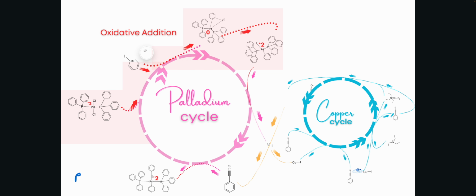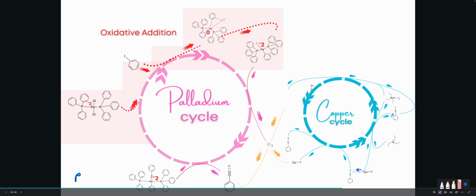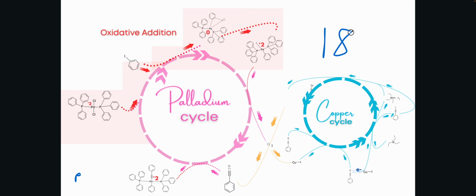Look here, we've got benzene iodide joining the cycle as a reactant, and it's going to have to react with a super stable and happy palladium, because when palladium is in its neutral state, it has 18 valence electrons, and metals love to have 18 valence electrons in their orbitals. It's called the 18 electron rule, okay? And I will write here a big 18 so that you can remember it.